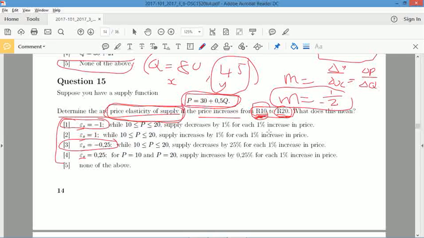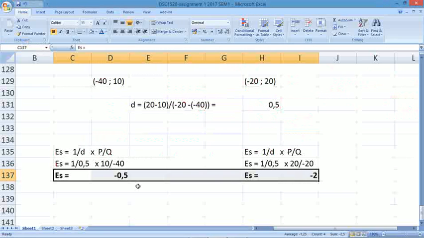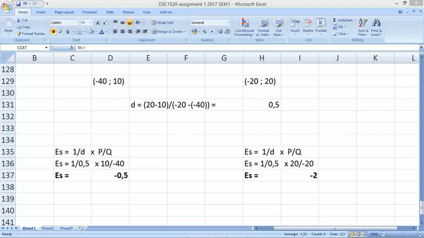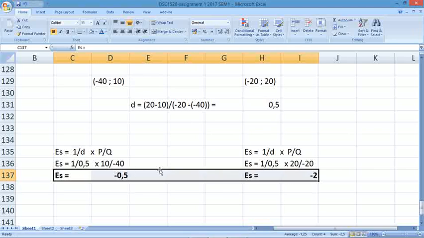That's a change in supply, so a change in Q, the quantity, in line with the change in price. So you can see that the ES here would be minus 0.5 or minus 2, and those aren't one of the answers.